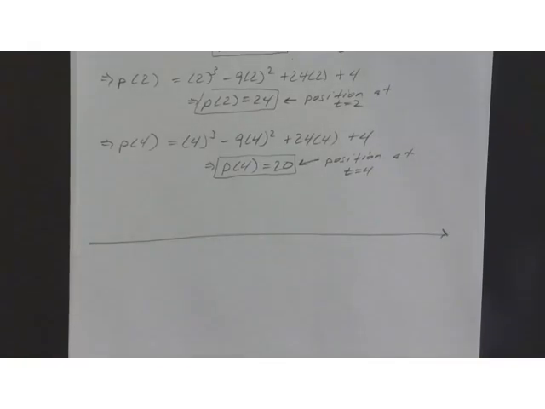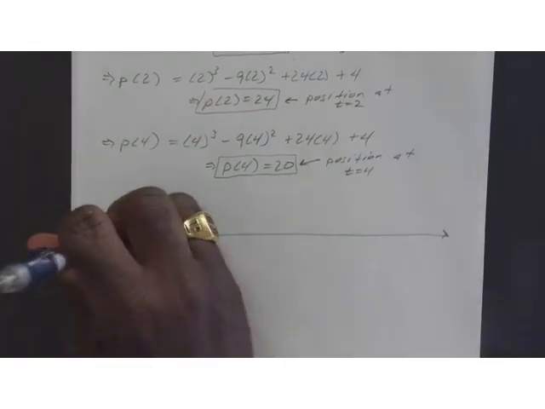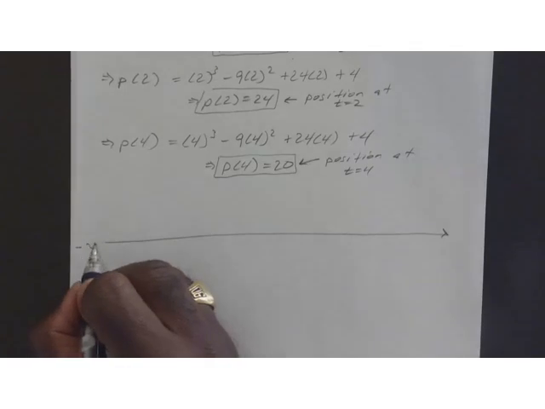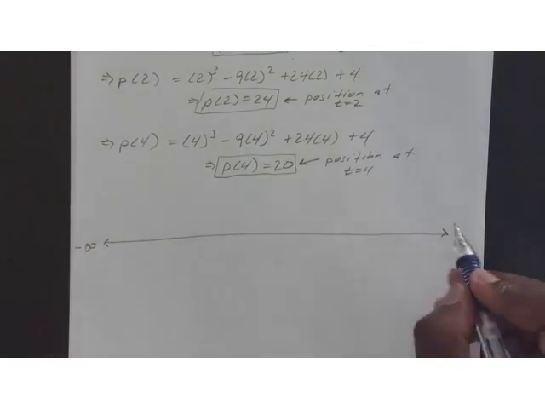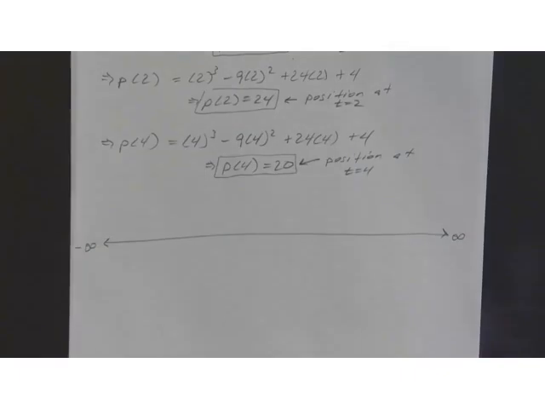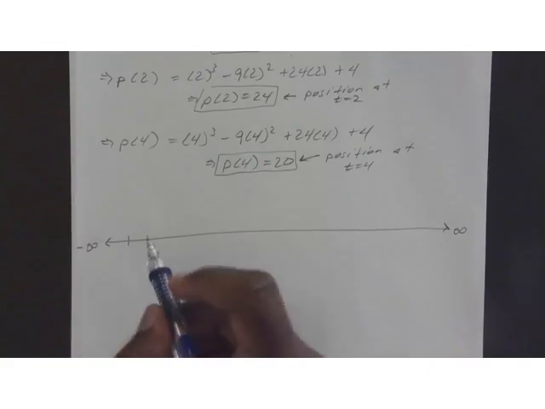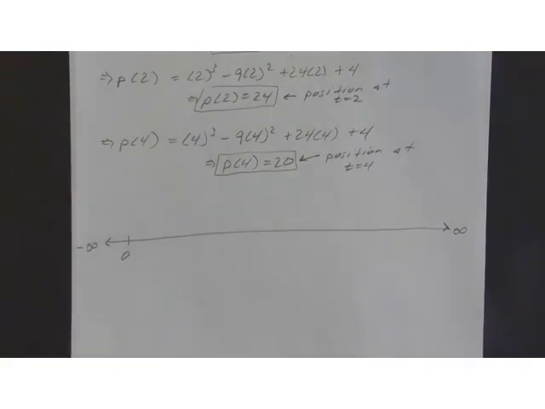Okay, so again, we make our number line from negative infinity to infinity. And of course, we are starting at 0, so we don't need the rest of that, but we'll leave it up anyway.